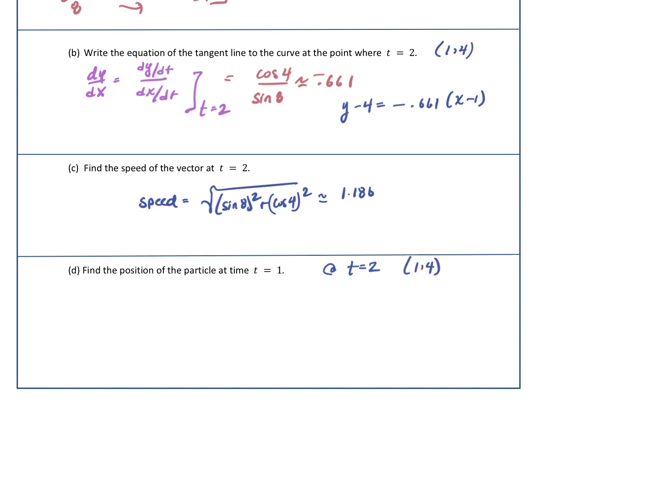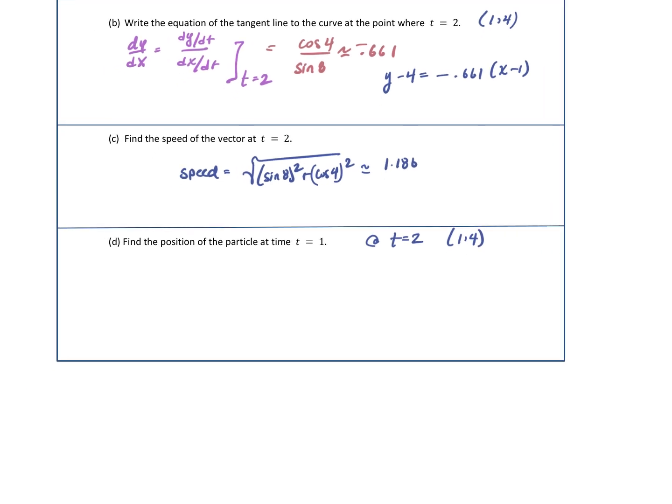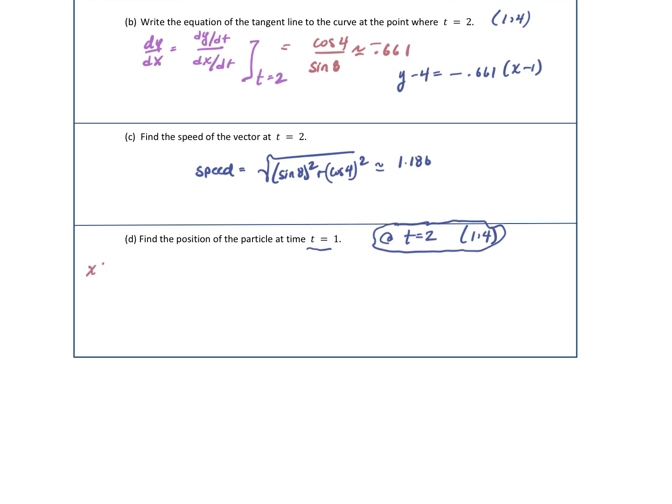Okay, so that's in. So the position for the x component, we're going to say at t equals 1. And again, this was given. So we've got x of 1 is going to be x of 2 plus the integral from 2 to 1, and then x prime on the inside, so sine of t cubed dt.